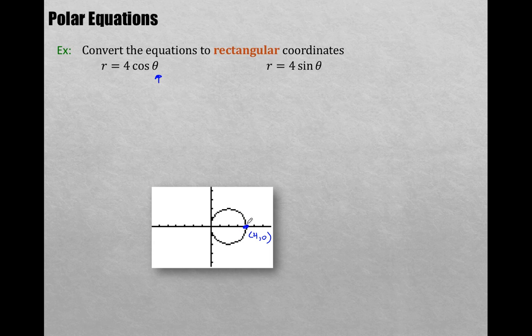What's cosine of pi over 2? Cosine of pi over 2 is 0. What's 4 times 0? 0. So your radius is going to shrink from 4 to a radius of 0 as you rotate. Right?